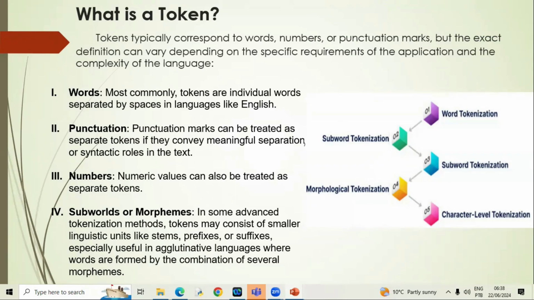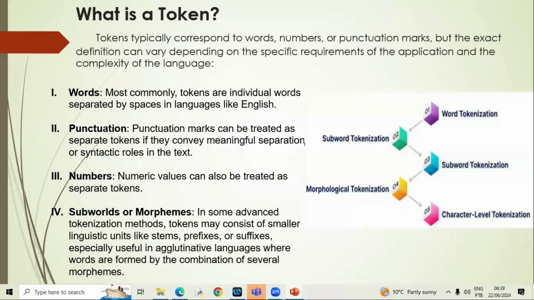Most commonly we call it a word, or individual words separated by spaces. So we can say a word divided into sub-words. Like if I say everyday, so every is one part, day is another part. Those we call the subwords.